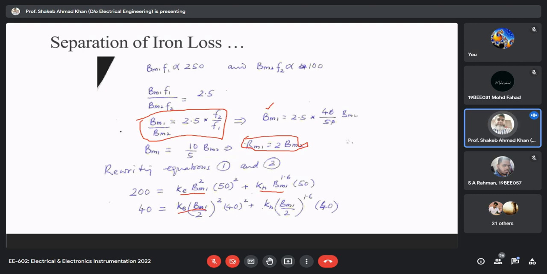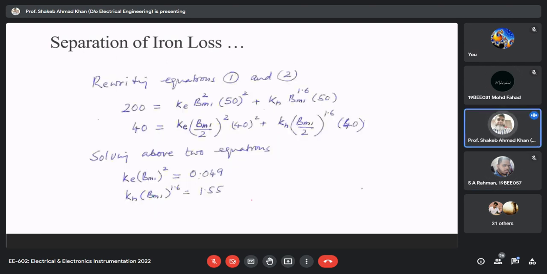So we will solve this equation to find out Ke Bm1 square and Kh Bm1 to the power 1.6. Is it fine to all of you? Now it is possible to solve these two equations to find out these two coefficients. Is it fine to all of you? Yes, sir. Now it's easy. You can solve.